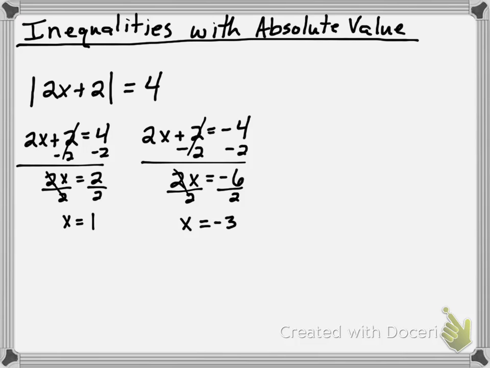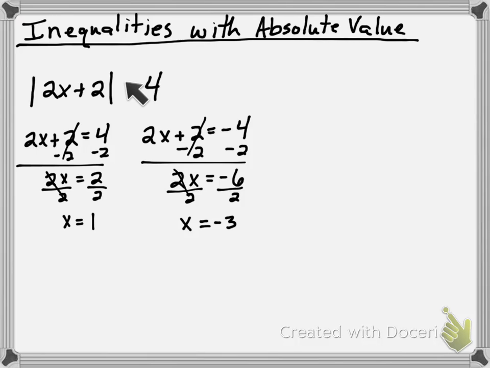Okay, now the only difference between an absolute value equation and an absolute value inequality is the equal sign. Now, we don't have an equal sign. Instead of an equal sign, we'll have something else.